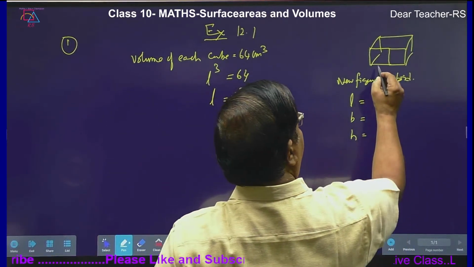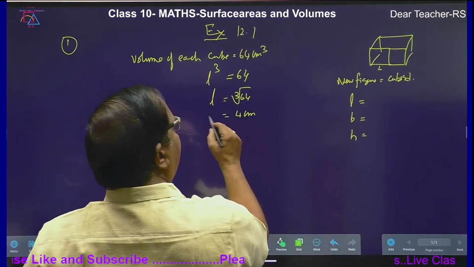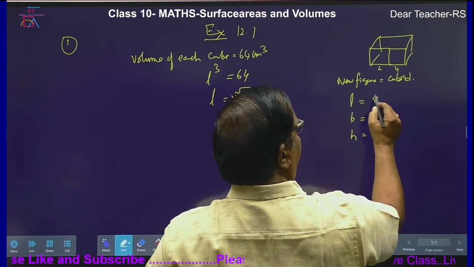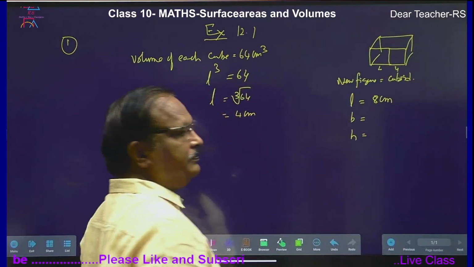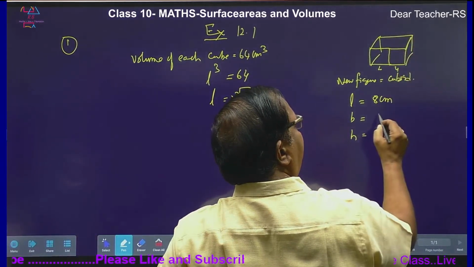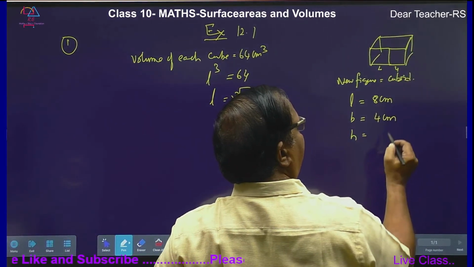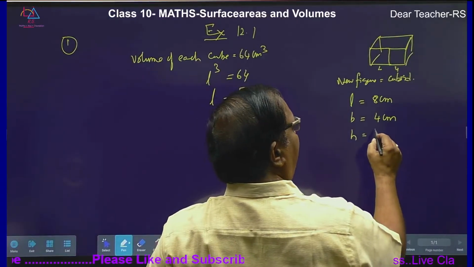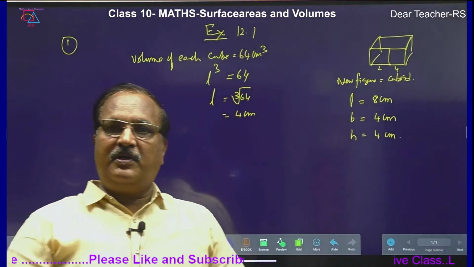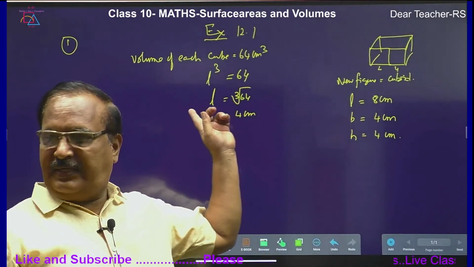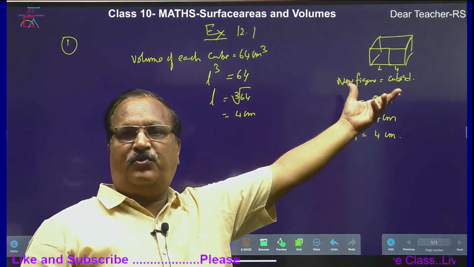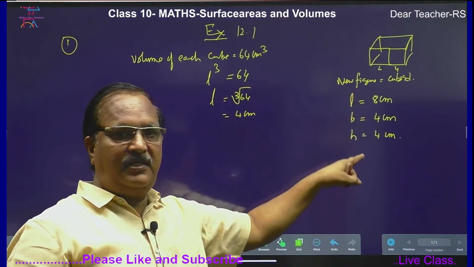We have 4 centimeters, so 4 and 4, length is equal to 8 centimeters. The breadth has no change, it is 4 centimeters, same as the cube, and height is also 4 centimeters. Now we have the original cube measurements and the new solid's measurements also.